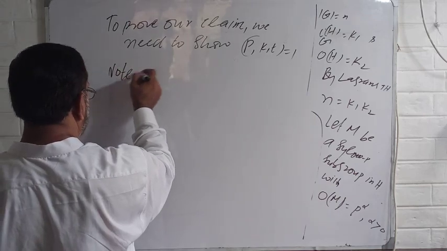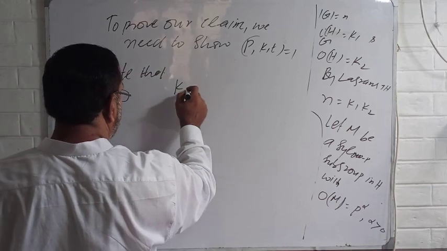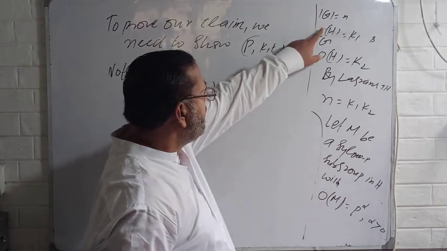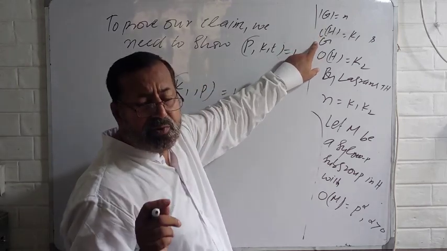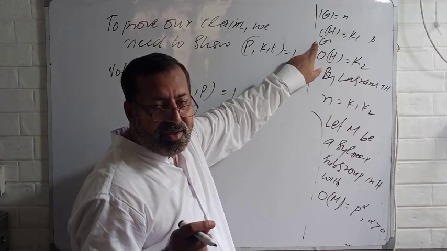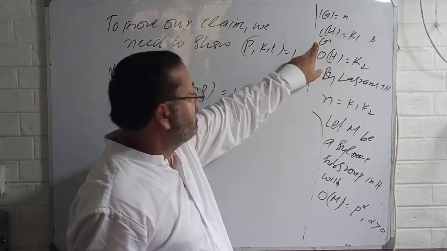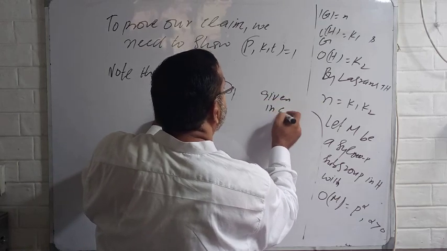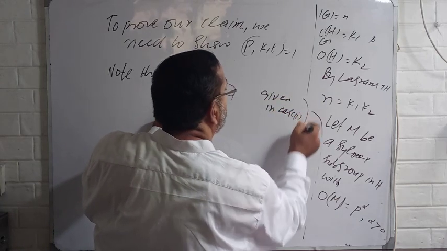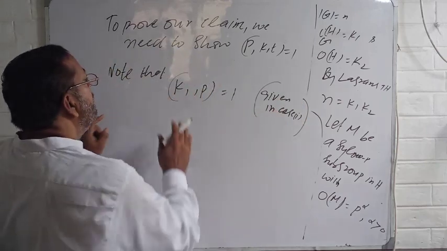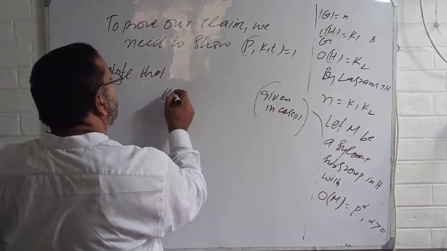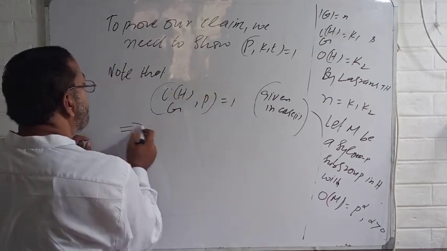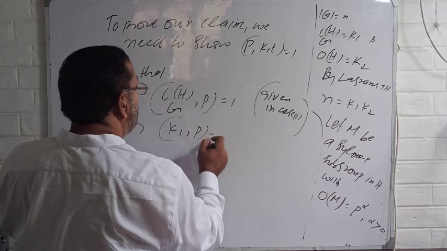Note that K1 and P are relatively prime because K1 is the index of H in G, and you have supposed that the index of H in G is prime to P. Okay, so this is given in case 1. Given that GCD of the index of H in G with P is equal to 1, this implies GCD of K1 and P is equal to 1.